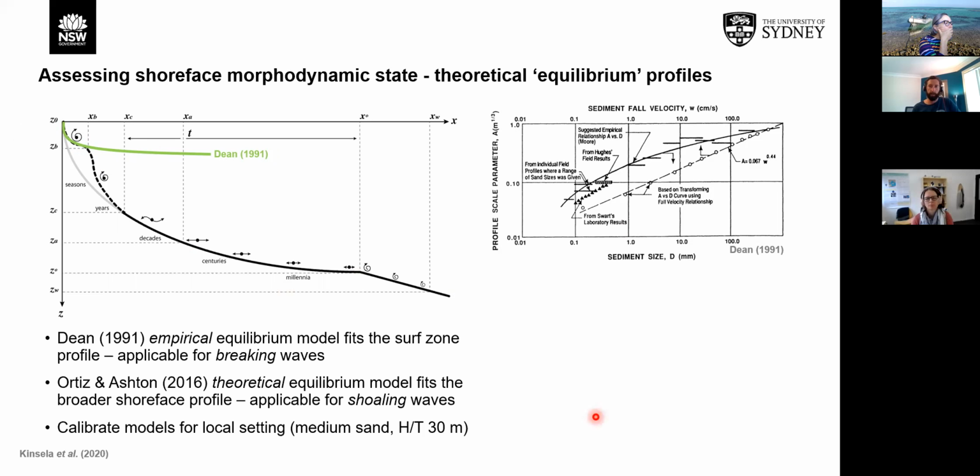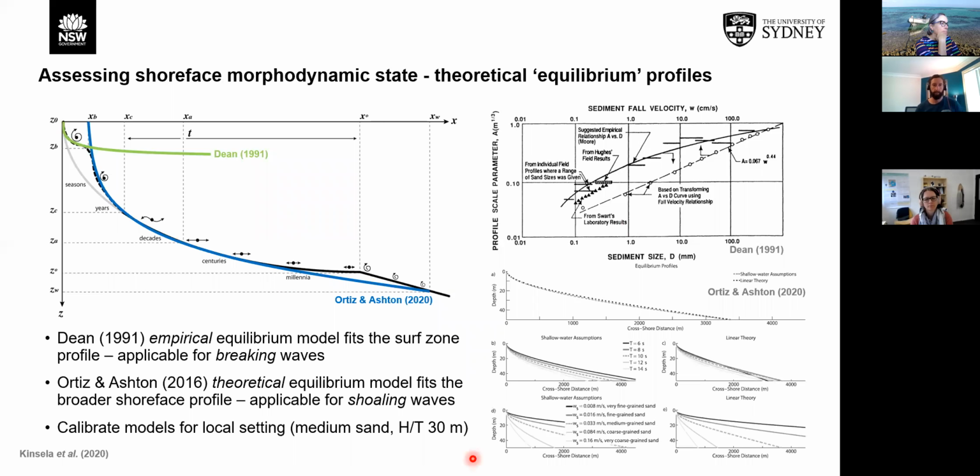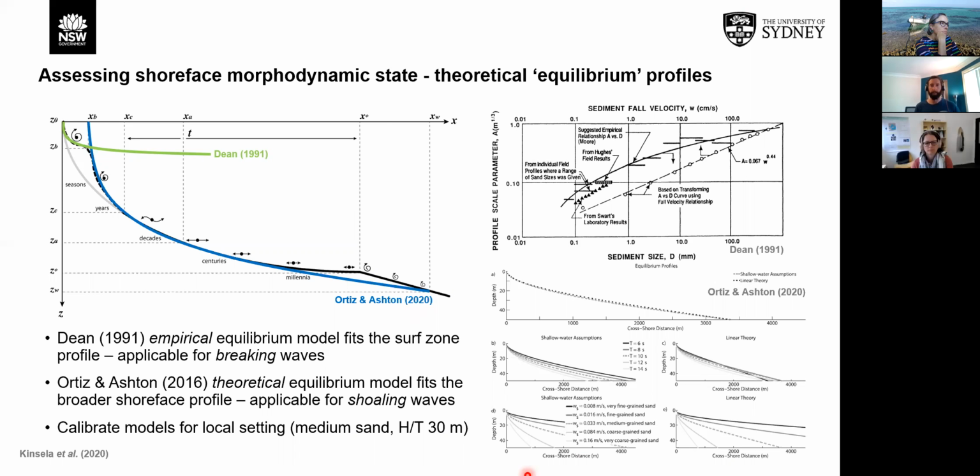And this largely comes back to Dean's model being an empirical model. So it's based on observations in different settings, principally in the surf zone and upper shore face. What I did find in this investigation was that some work that Ortiz and Ashton wrote up, that should be 2016, not 2020, sorry, a few years ago, using some of Bowen and Bagnold's earlier work, provided an equilibrium profile, a theoretical profile that we're able to calibrate for our setting.